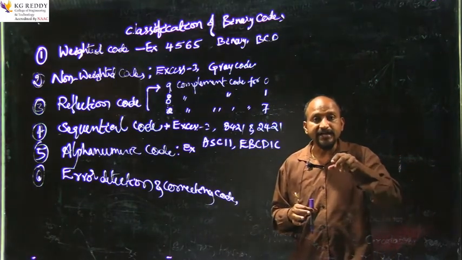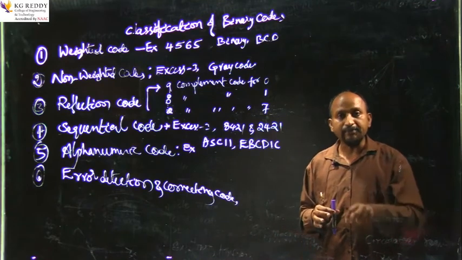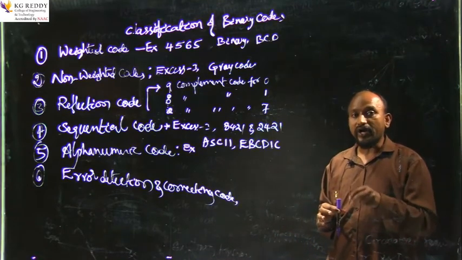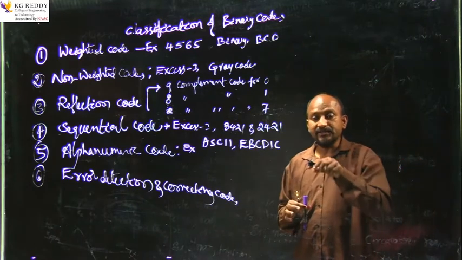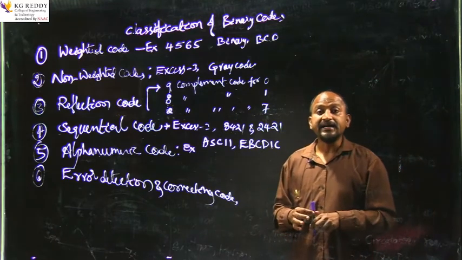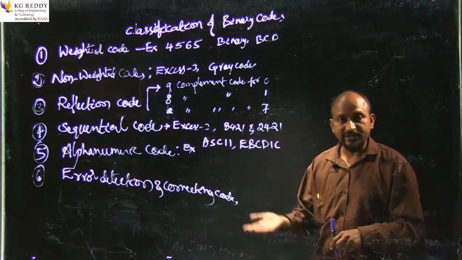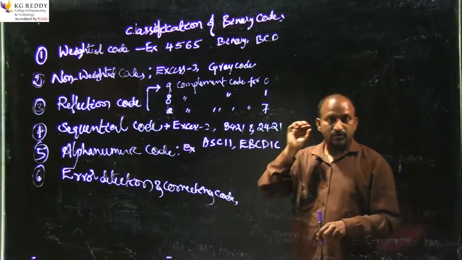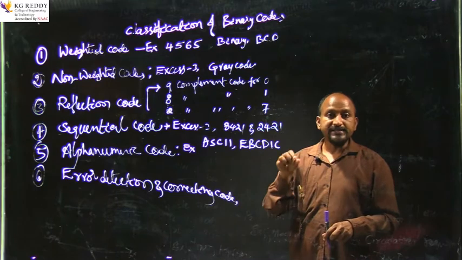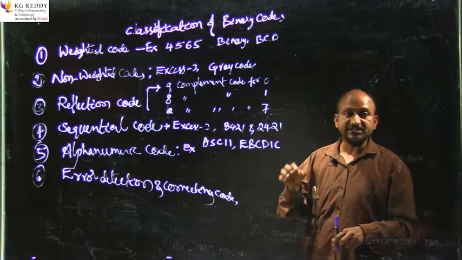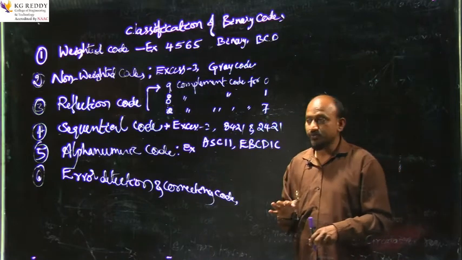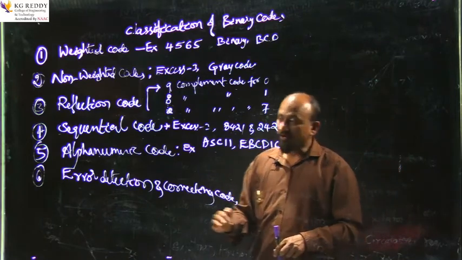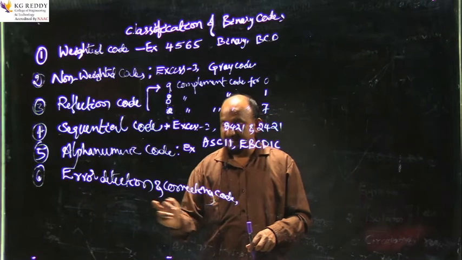So that extra bit functions for error detection and correction. Adding the extra bit is helpful for detection of error and correction of the coded information. We will discuss this topic in depth later.